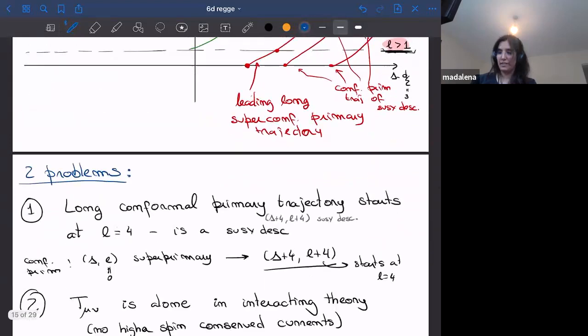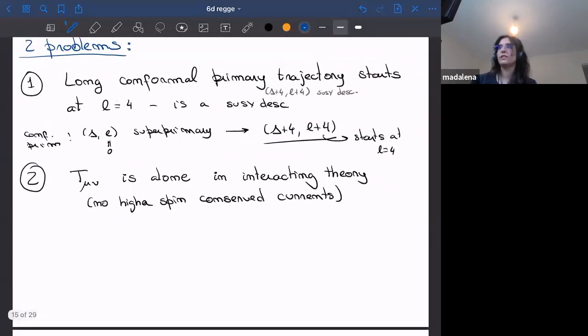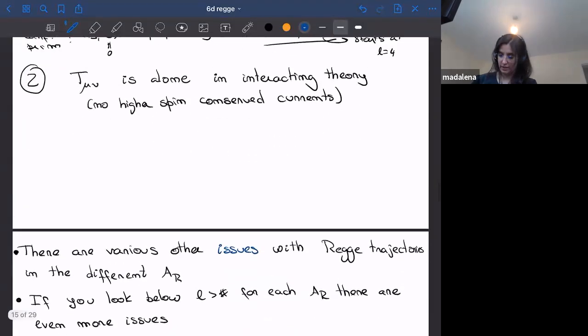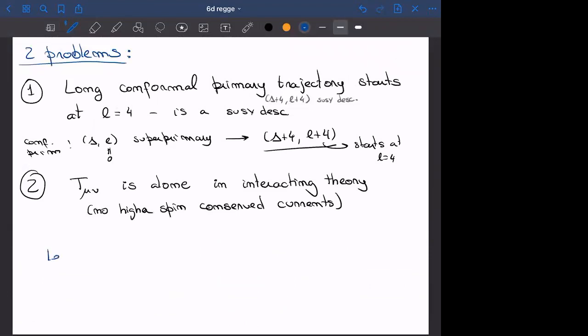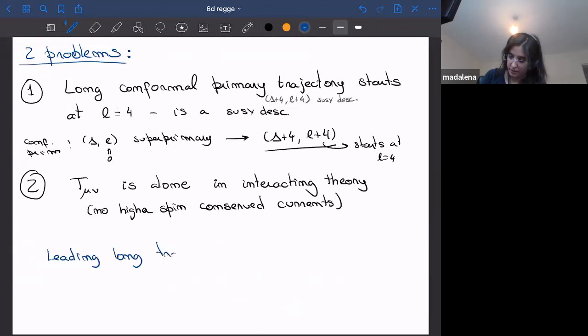Okay, so then there is a natural resolution to this, which is that we say that the leading long trajectory should be continued down to L equals -2.